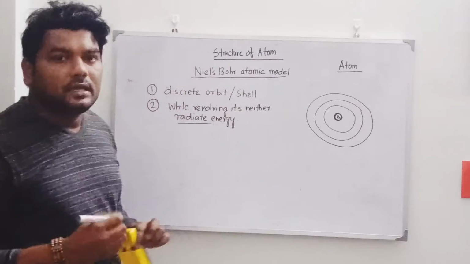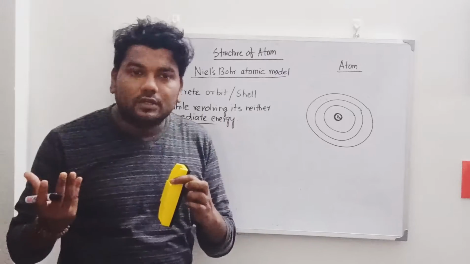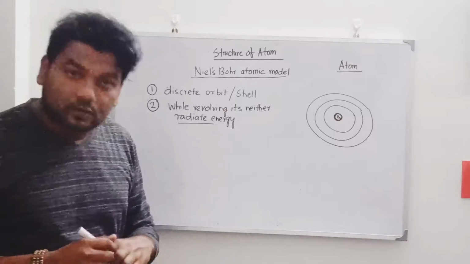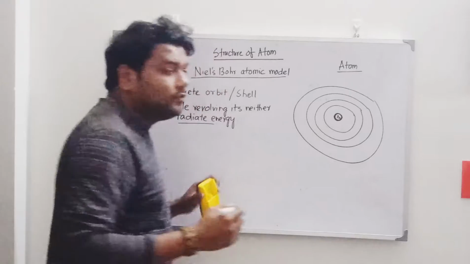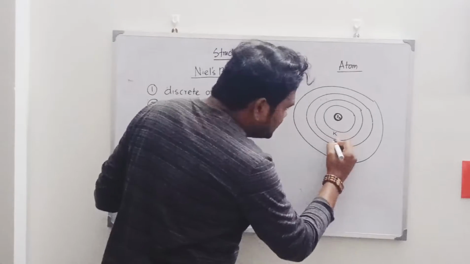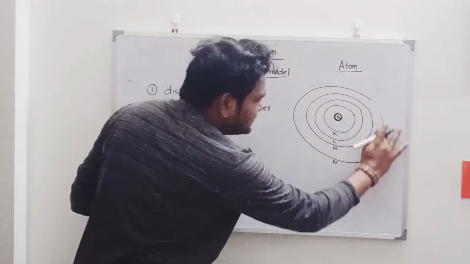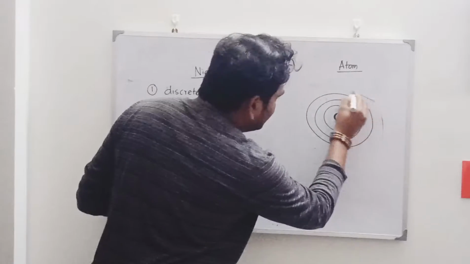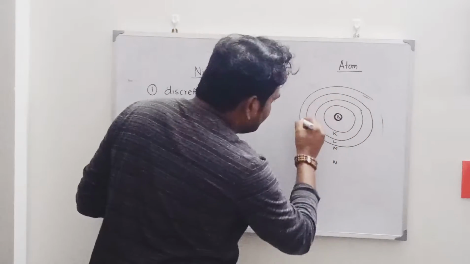We have to propose that the electrons are revolving around the nucleus. We should find out how many electrons revolve in each, so we assign different shell names: this is the K shell, this is the L shell, this is the M shell, this is the N shell. We have to draw it as a proper circle.